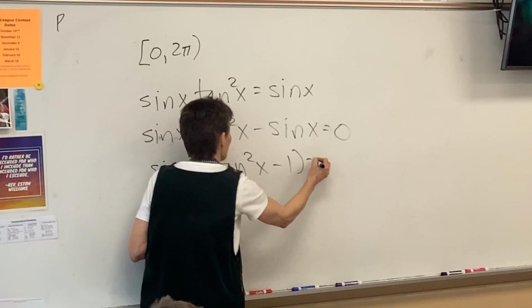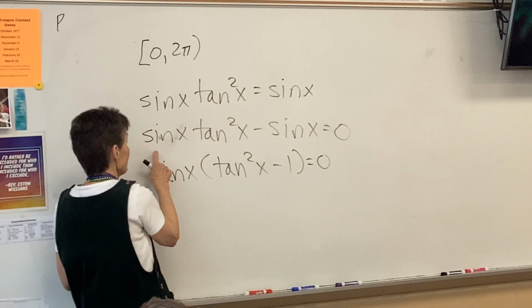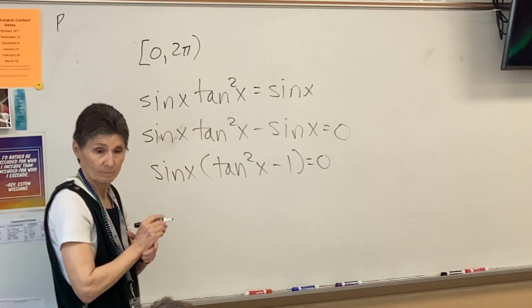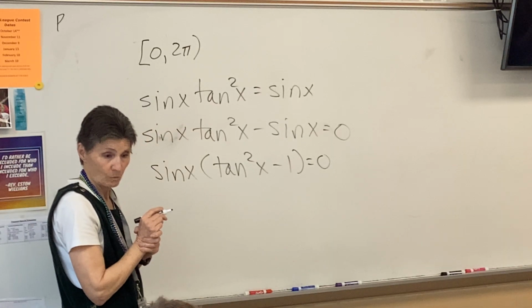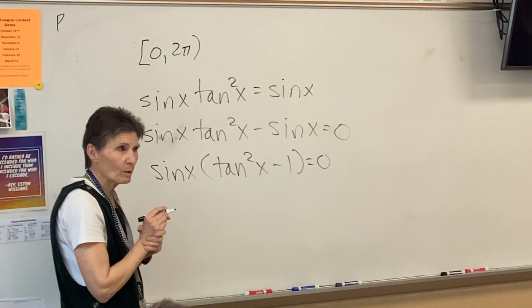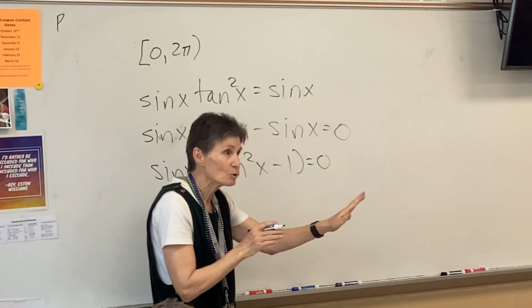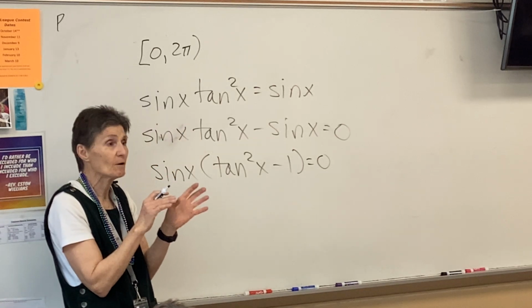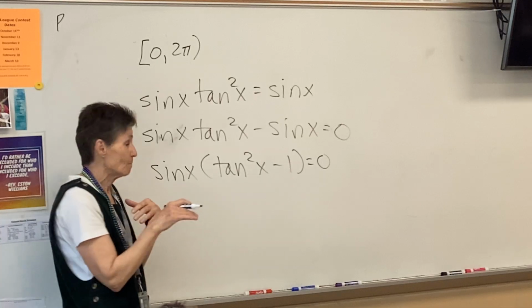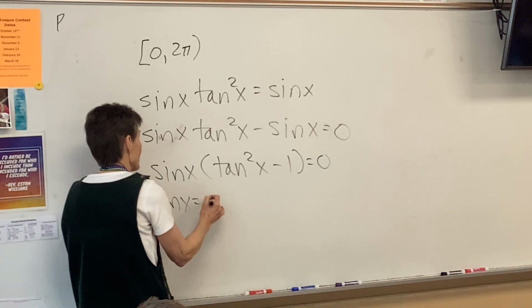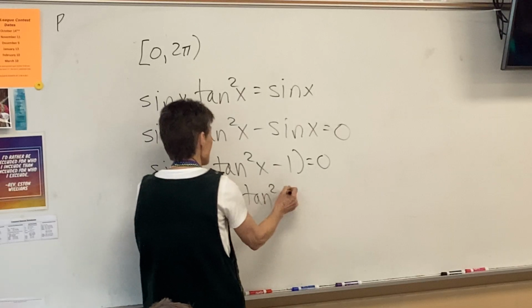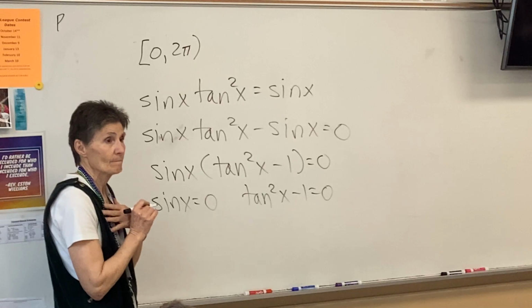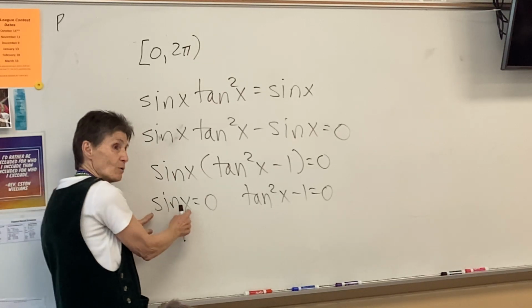If I factor out a sine, I will be left with tangent squared minus 1, right? Now what do I do? After I factor, whether it's algebra class, trigonometry, whatever, I set each of them equal to 0. So sine x equals 0, or tan squared x minus 1 equals 0. Now, your job is to figure out x.